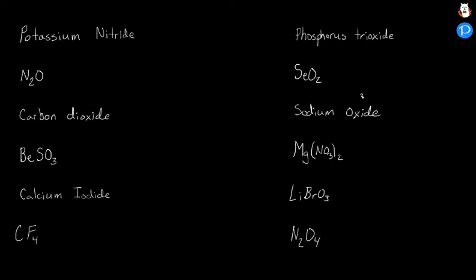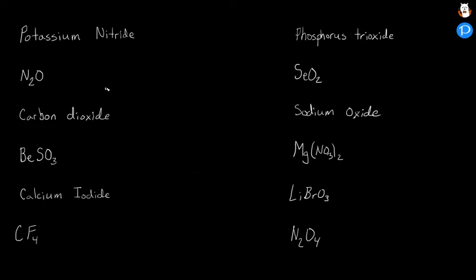What I want you to do is take a second, pause the video, and first of all, figure out which ones are ionic and which ones are covalent and which ones have polyatomic ions. And if it's the name, like this one, you need to write what the formula is. If it's the formula, I want you to write what the name is. So take a second, pause the video, go through and figure those out.